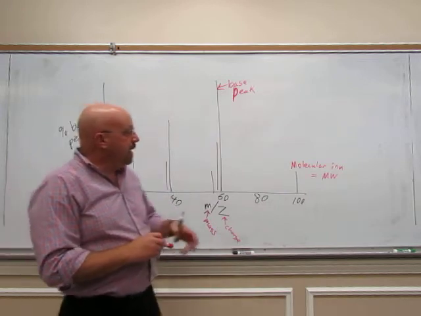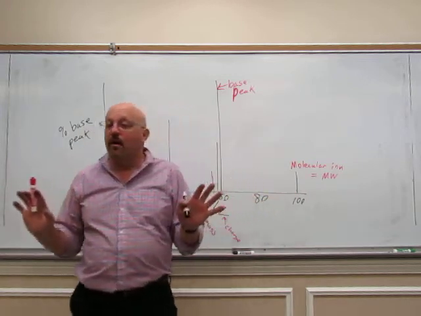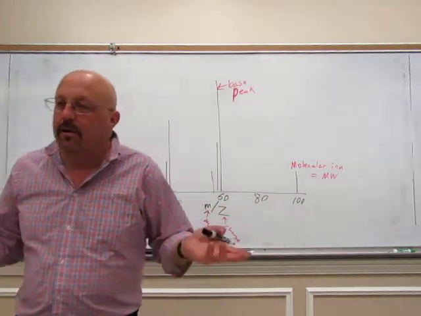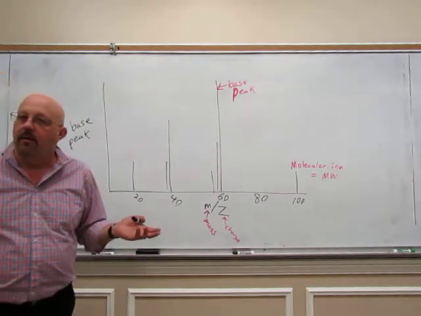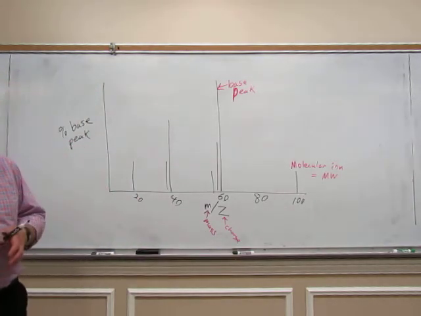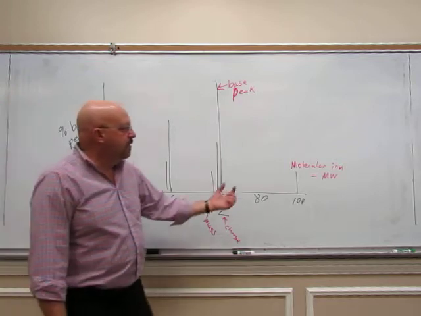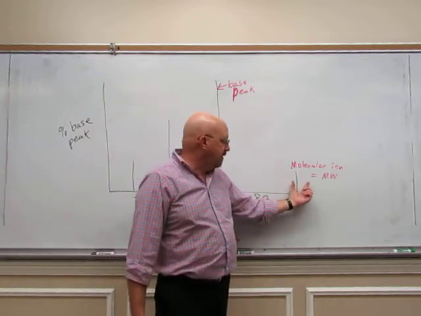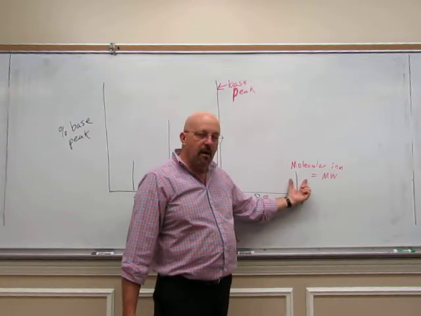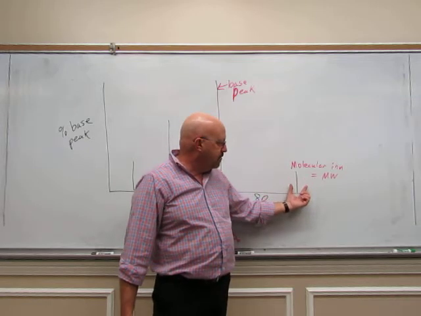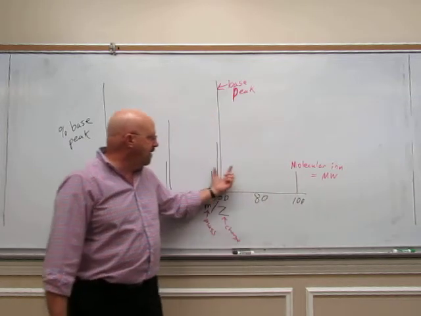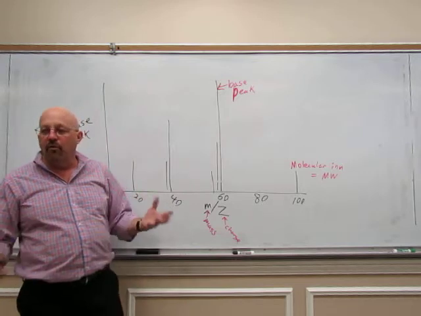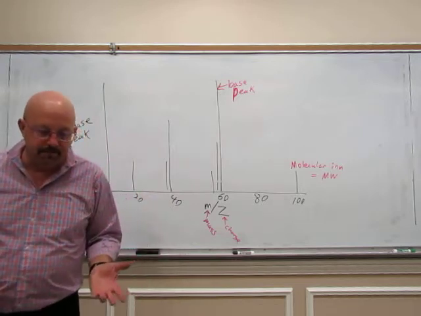That is the piece where all we did was knock an electron out. An electron doesn't weigh hardly anything. So everything else is still intact, and that's our molecular ion, and it corresponds to the molecular weight of the molecule. And then all these other peaks are where the molecule's broken apart and fragmented.